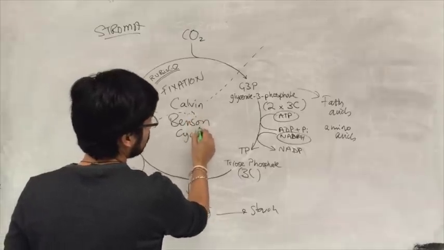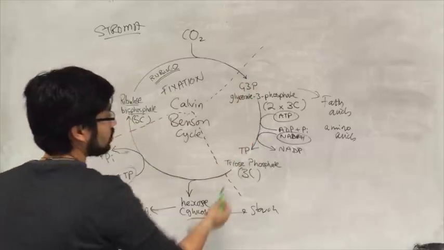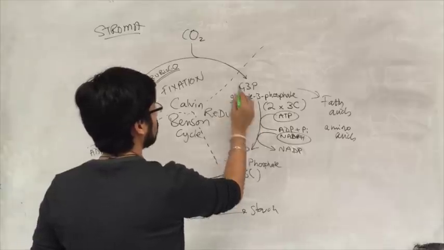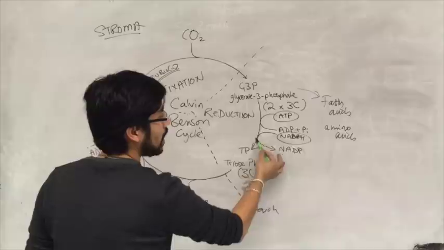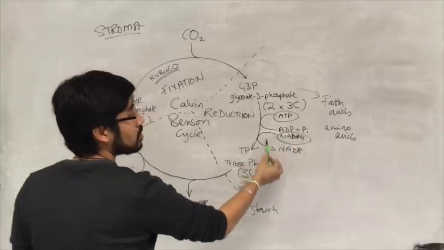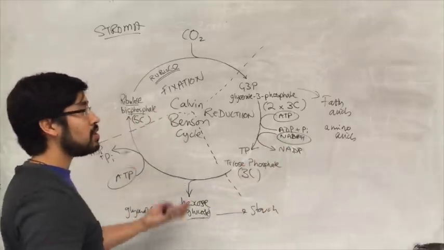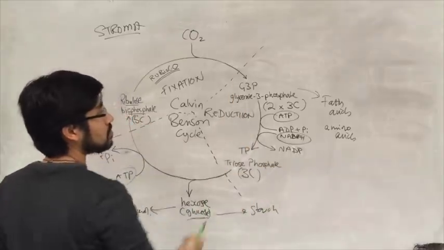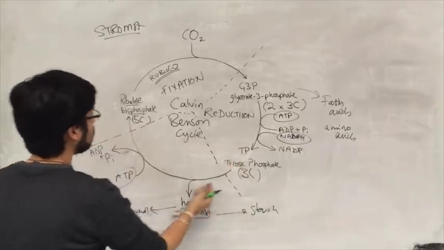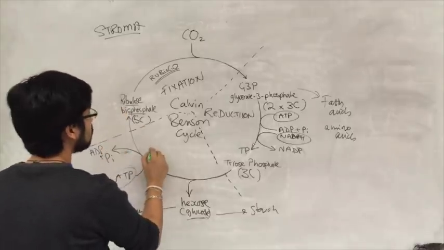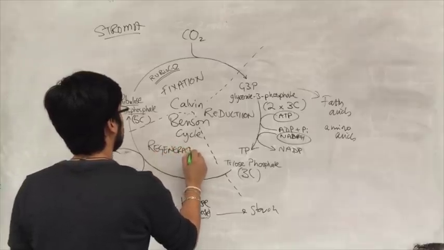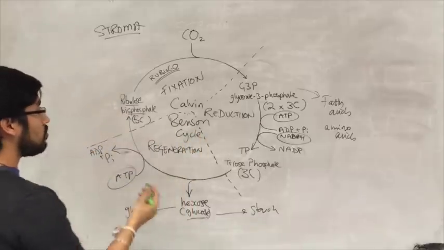This stage right here, glycerate 3-phosphate to triose phosphate, is called reduction, because we're using the reducing power of reduced NADPH. Reduced NADPH is going to turn into NADP. Where has the reduced gone? Well, it has to pass it on to something. It's passed it on to the glycerate 3-phosphate. And finally, the use of triose phosphate to regenerate ribulose bisphosphate is called regeneration or reformation.